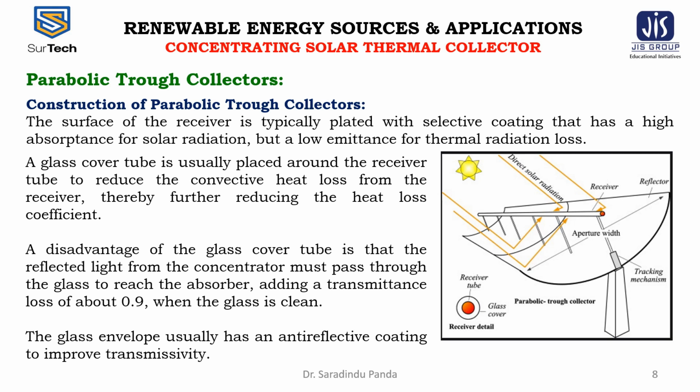A disadvantage of the glass covered tube is that the reflected light from the concentrator must pass through the glass to reach the absorber, adding a transmittance loss of about 0.9 when the glass is clean. The glass envelope usually has an anti-reflective coating to improve the transmission.